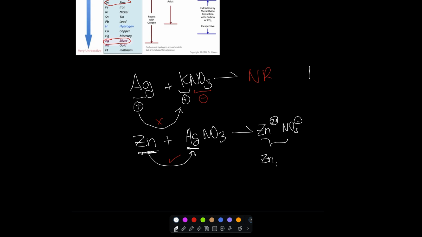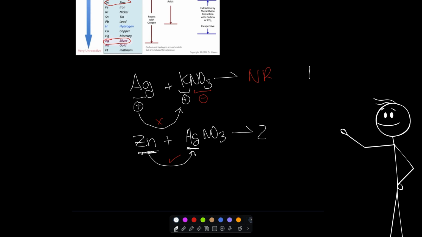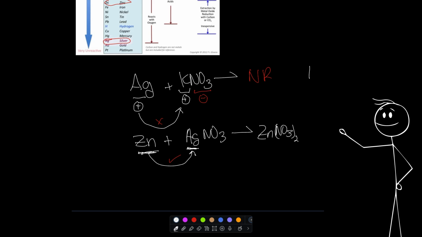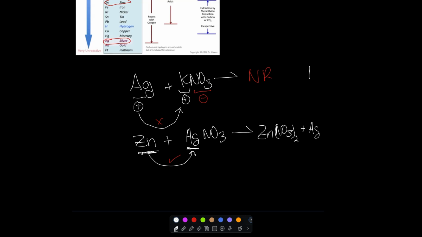And then NO3, that 2 right there is going to come down to where NO3 is. So now we have ZnNO3. I just want to show you how I get this in case you forgot. So let me write it over here, Zn(NO3)2. And then, of course, Ag is going to be left by itself. So now all we have to do is balance our equation.